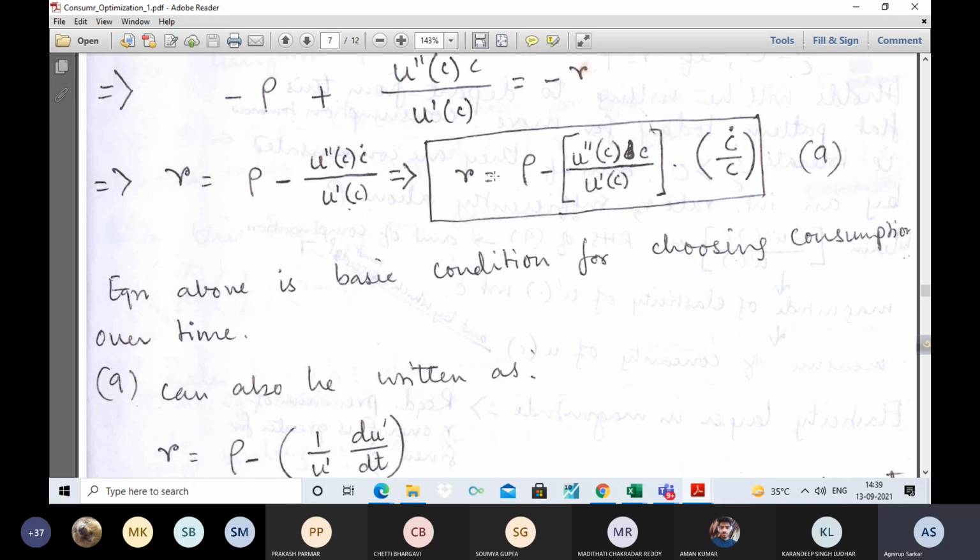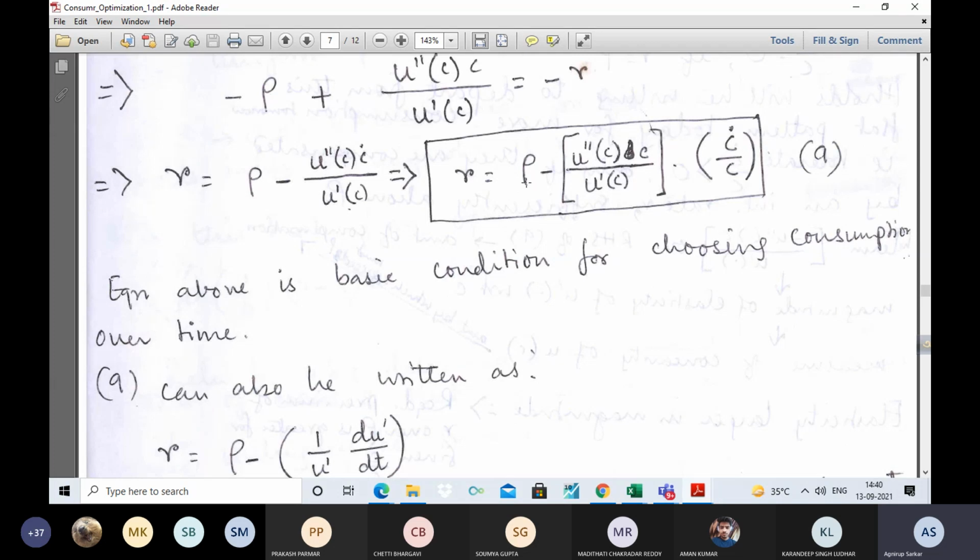So households would be willing to depart from this very flat pattern and in a way, sacrifice some consumption today for more consumption tomorrow. That is, they're going to tolerate some positive C dot by C or some growth in small c, only if they are compensated, right? And how are they going to be compensated? They would be compensated by an interest rate R that is sufficiently above rho.